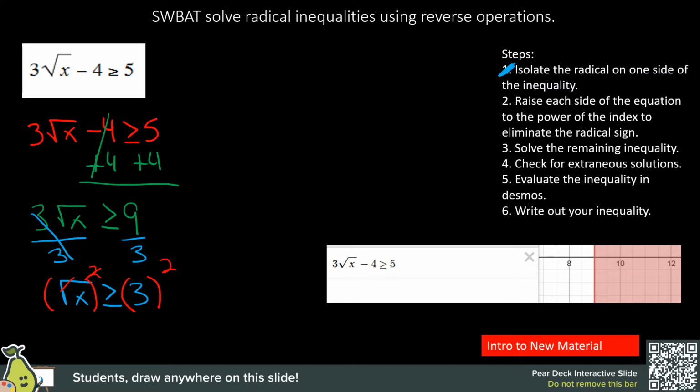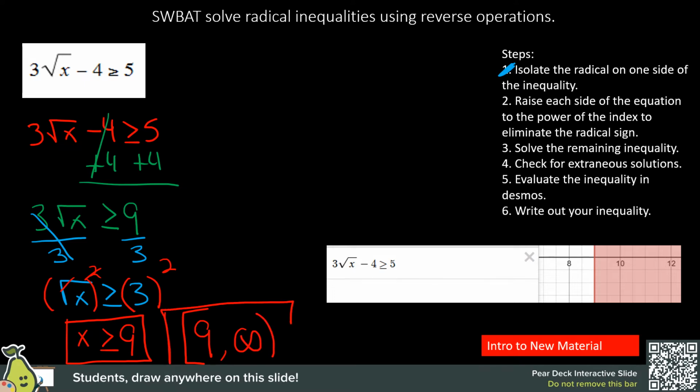The square root and the power of 2 simplify out, so that leaves us with x is greater than or equal to 3 squared, which is 9. Okay, so we have x is greater than or equal to 9. If we were to write this in interval notation, we would go from 9, bracket, because we include it, it's also equal to, to infinity. This would be our interval notation.